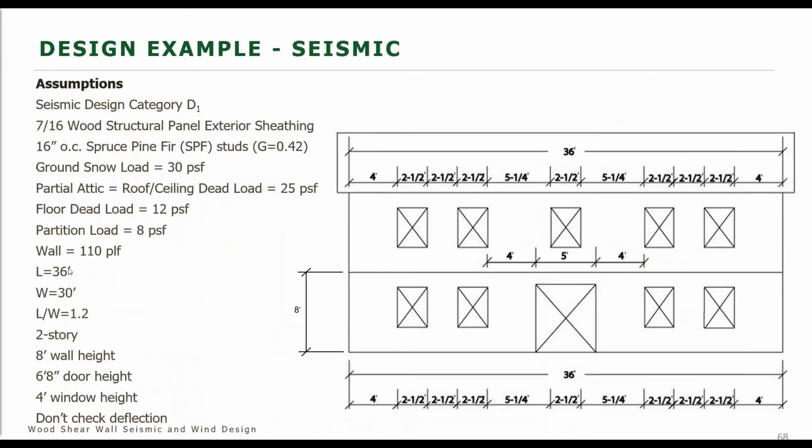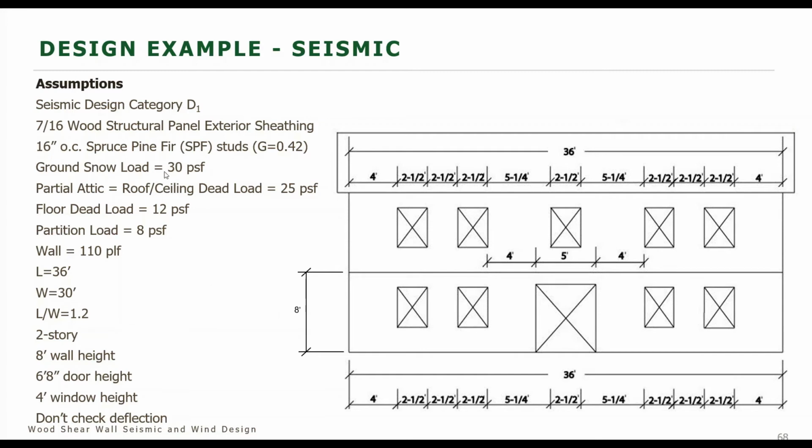One difference that we have here is obviously we're going to be designing for seismic, and we'll be designing for seismic design category D1. Then we will assume a 7/16 inch wood structural panel. Wood structural panel includes both plywood and OSB. Our framing is spruce pine fir with a specific gravity of 0.42.